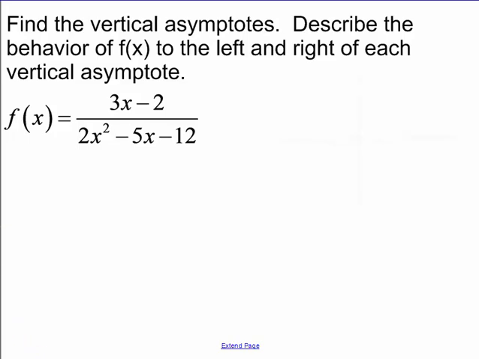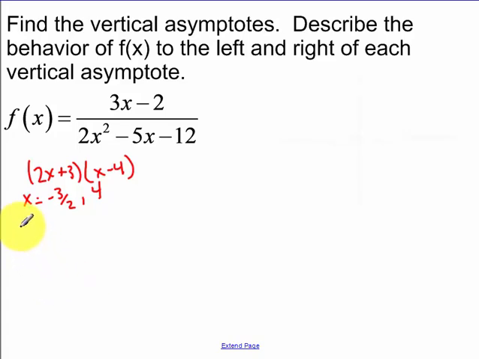So first, when finding the vertical asymptotes, remember you want to factor the bottom. So when I factor my denominator, we get this. So you get negative 3/2 and 4.